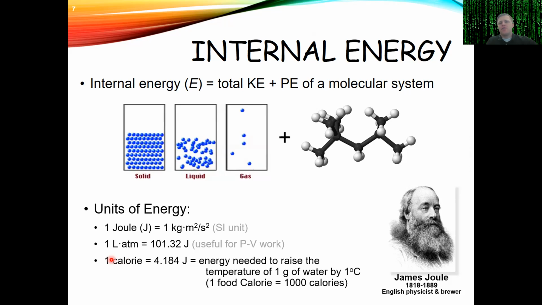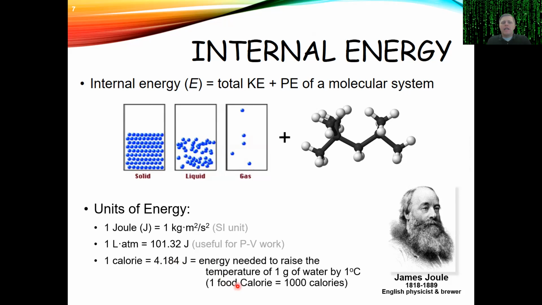You've seen a calorie before in your life, I'm guessing, if you've ever looked at a food label. 1 calorie is equal to 4.184 joules. And 1 calorie is specifically defined as the energy needed to raise the temperature of 1 gram of water by 1 degree Celsius. Now, an important note about the calorie that's kind of weird is that the lowercase calorie is equal to 4.184 joules.